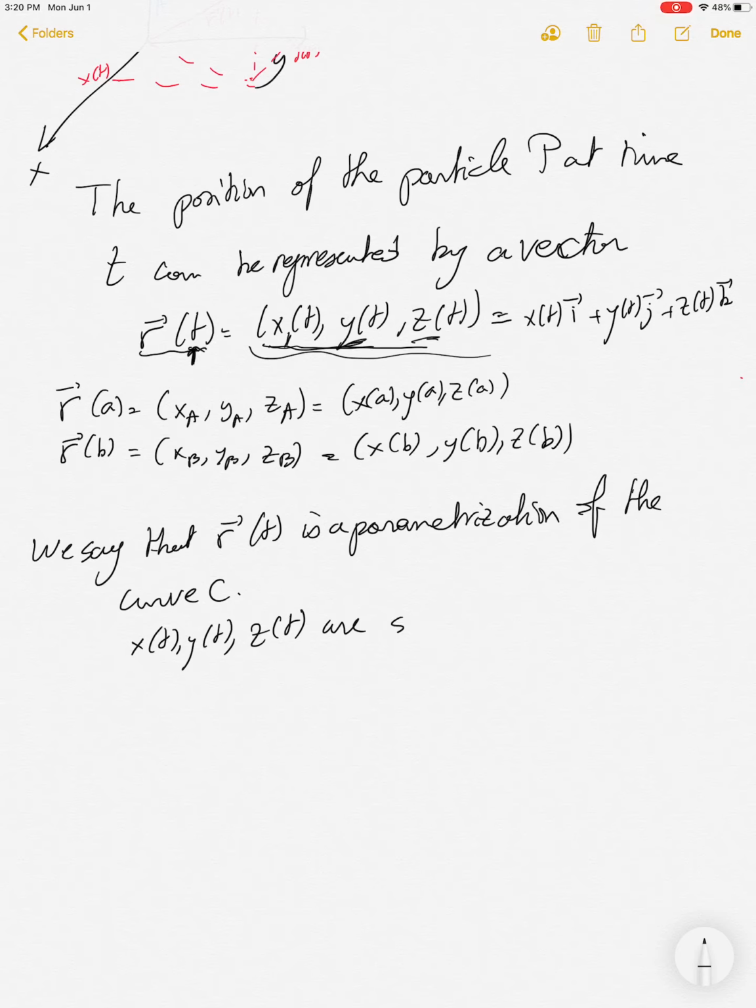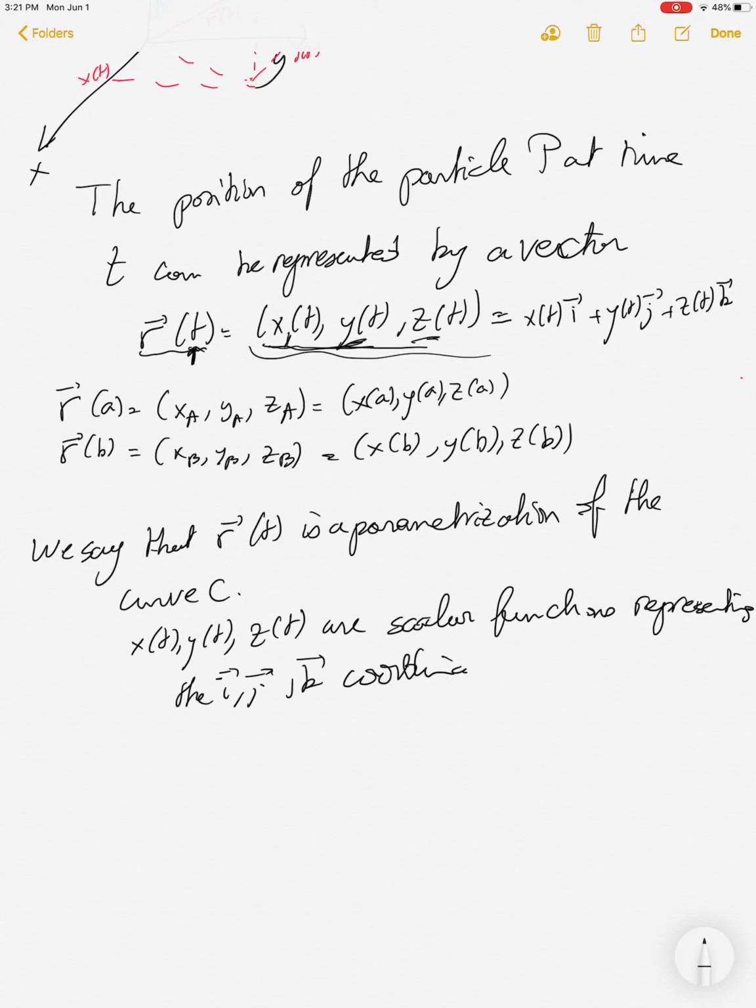These are scalar functions representing the i, j, k coordinates of the particle P at time t.